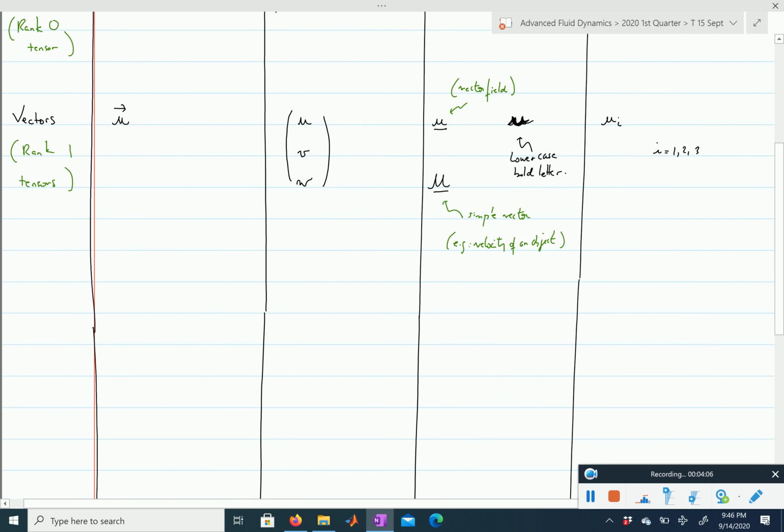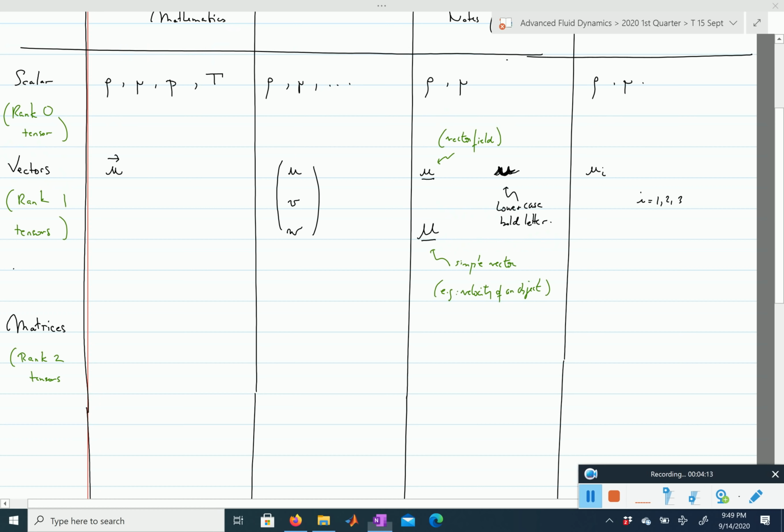Moving on again, the next rank are rank 2 tensors, which are matrices. So in mathematics, you may have seen these written as a symbol with 2 arrows. Right? And really what these correspond to are 2-dimensional arrays now, so matrices with 2 dimensions.